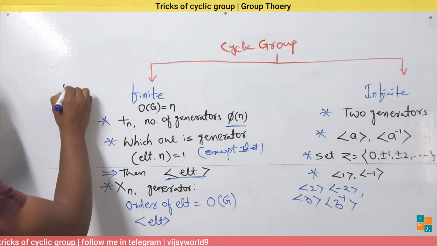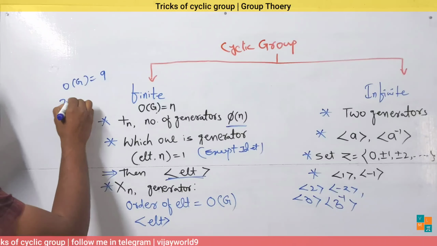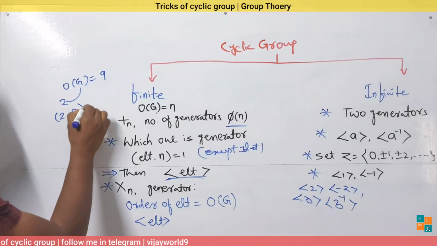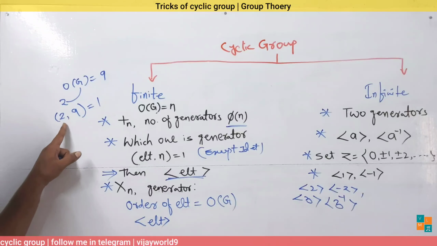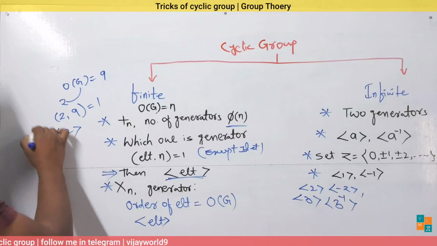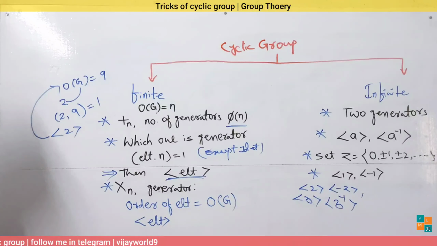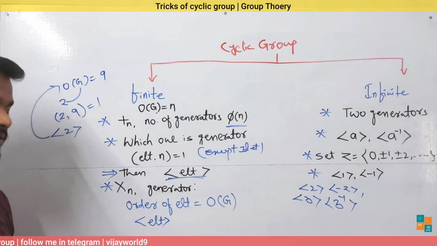For example, if the order of the group is 9 and 2 is an element of the group, we find the GCD. If the GCD of 2 comma 9 is equal to 1, then 2 is a generator of the finite cyclic group G with respect to addition modulo n.